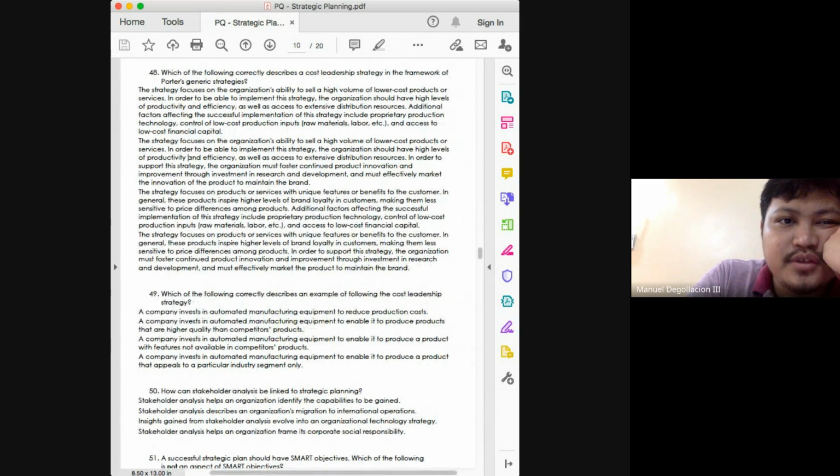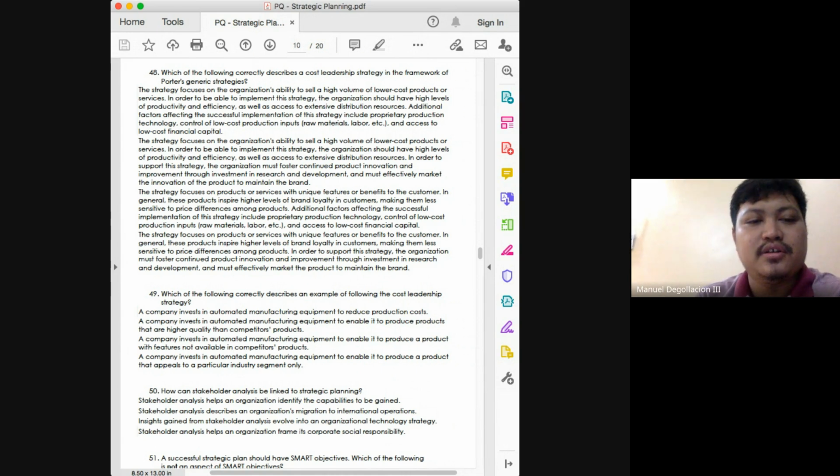The strategy focuses on the organization's ability to sell a high volume of lower cost products or services. In order to be able to implement this strategy, the organization should have high levels of productivity and efficiency, as well as access. Okay, the organization must foster continued product innovation and improvement through. No. If you're under cost leadership, your focus is not on research and development.